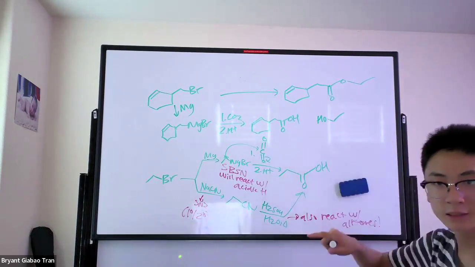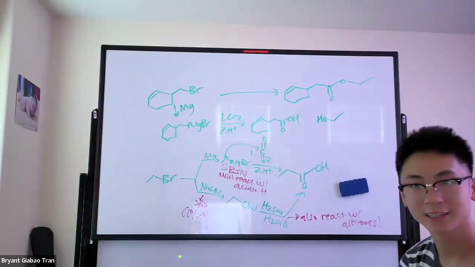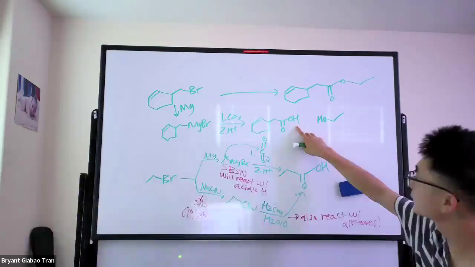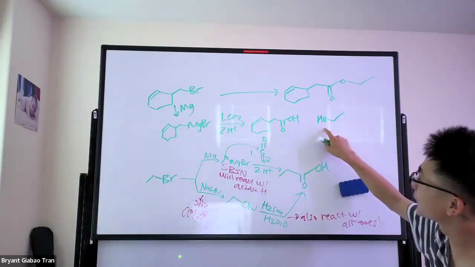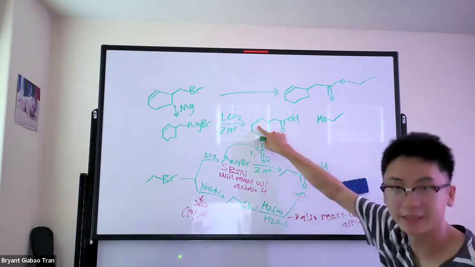Where the OR group of the alcohol is going to be the OR group of the ester there. And what conditions do we have to work with for this reaction to go through, acidic or basic conditions? Acidic. And why can't we work in basic conditions? Because it's going to deprotonate the carboxylic acid. But we said earlier that if we are in acidic conditions, it would react with the alkene, right?